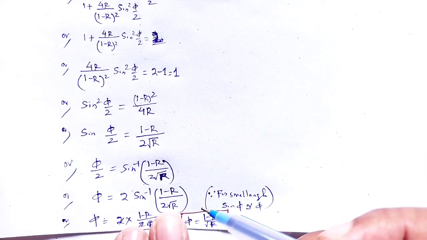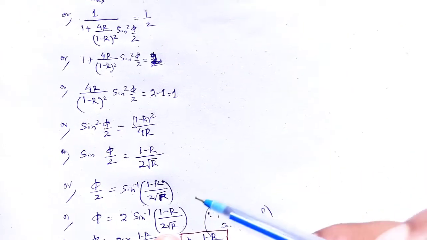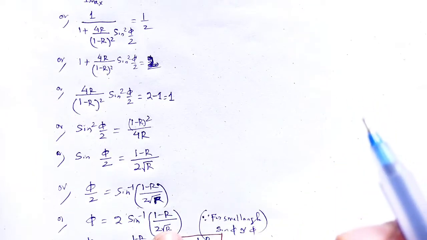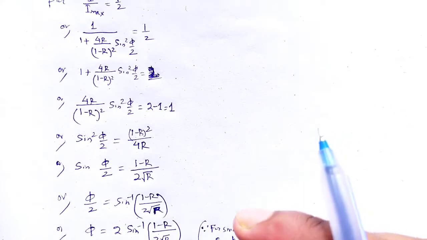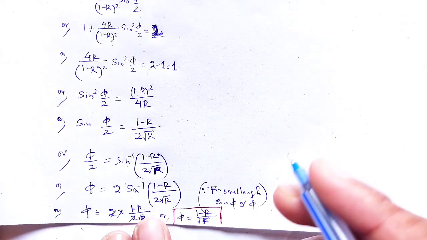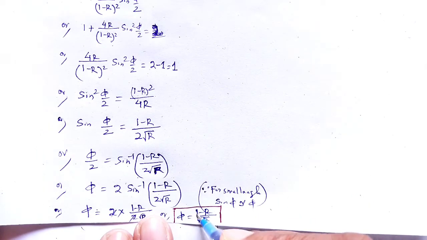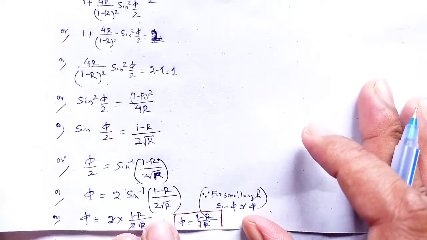Let me take the ratio of net intensity to maximum intensity as half in order, that is 1 minus r divided by under root of r.